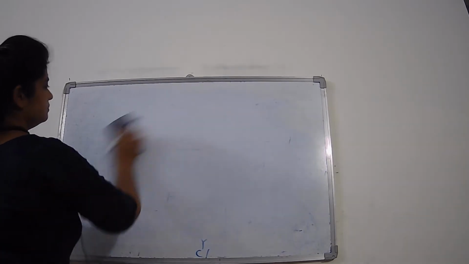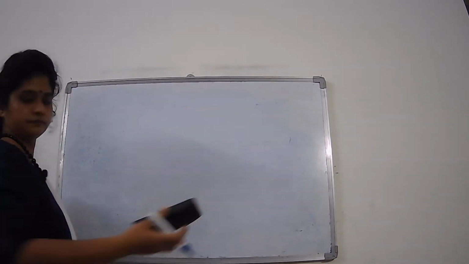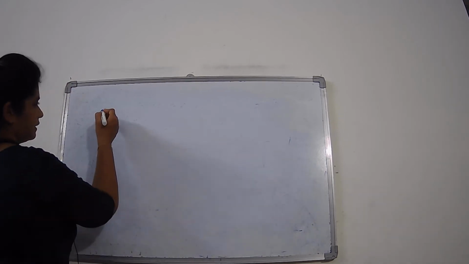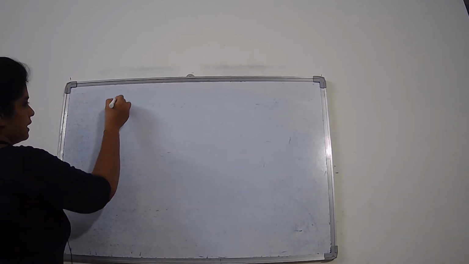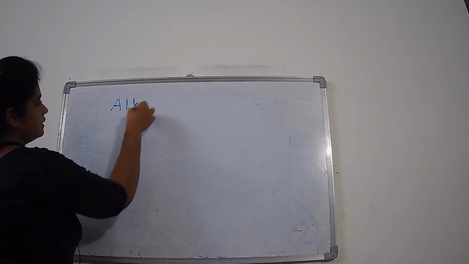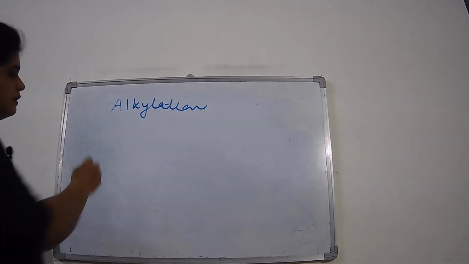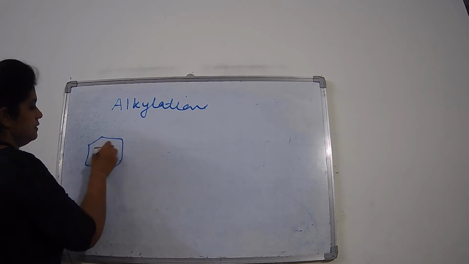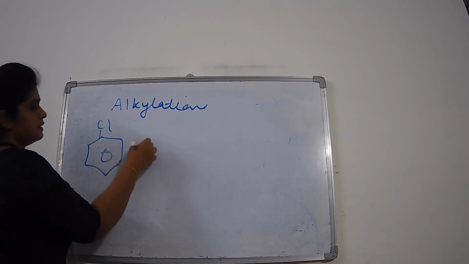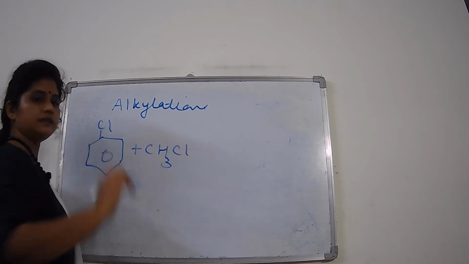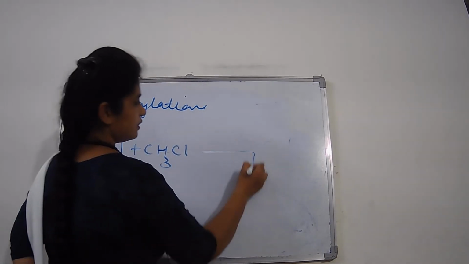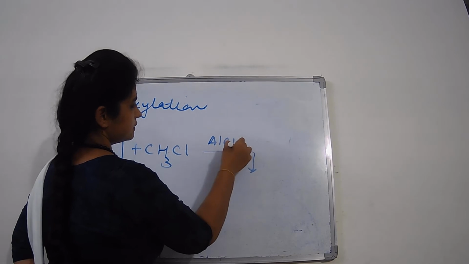The next one is the Friedel-Crafts alkylation and acylation reaction. We first carry out the alkylation reaction, that is, the Friedel-Crafts alkylation reaction. Here chlorobenzene reacts with an alkyl halide. We are taking methyl chloride, and very important is the AlCl3.